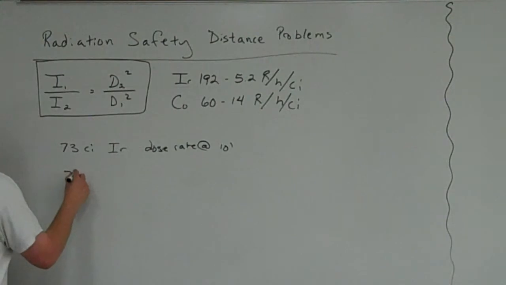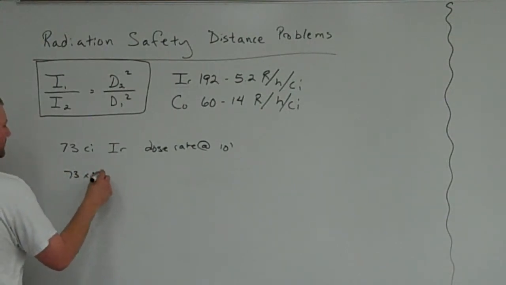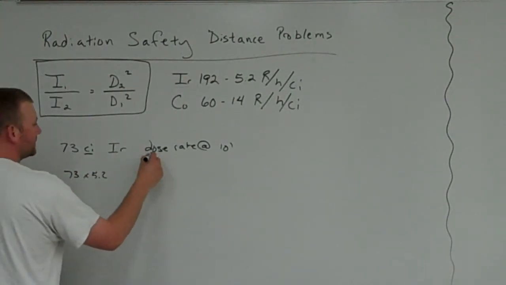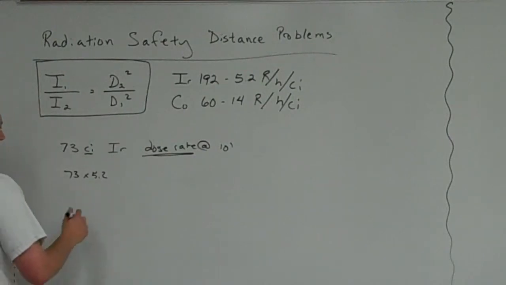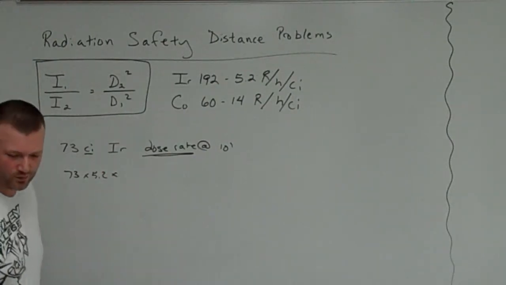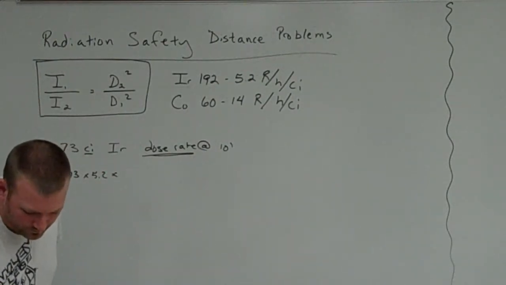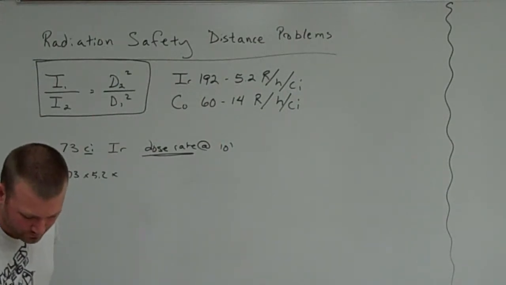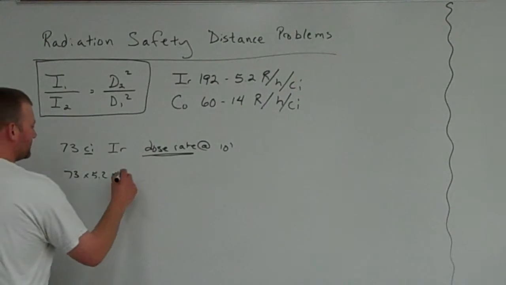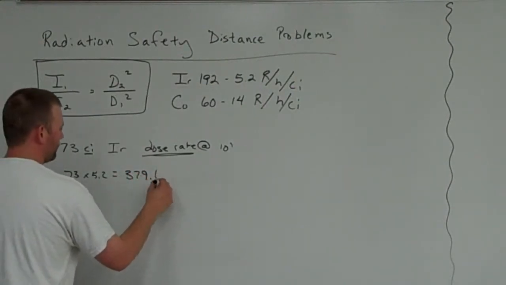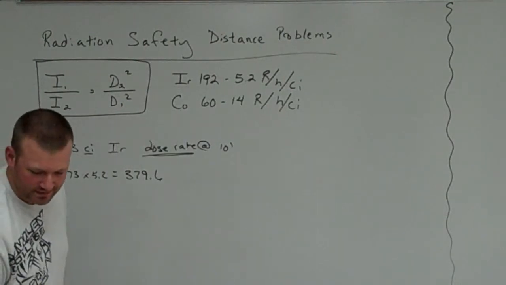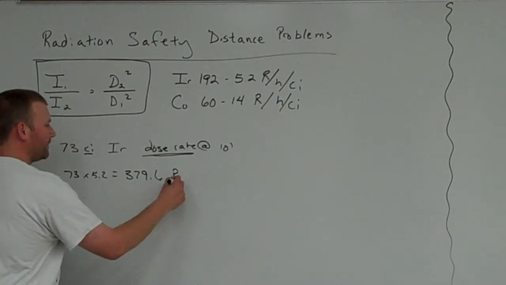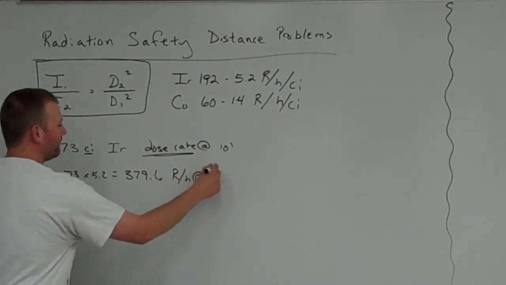So, 73 times 5.2, because we've got to go from Curies to Rankins, because the dose rate is in Rankin, rad, or rim. 73 times 5.2 is 379.6. Good with all that? That puts us at Rankins per hour at 1 foot.